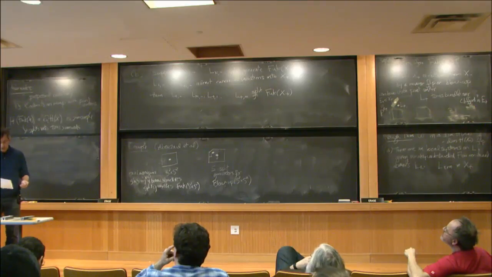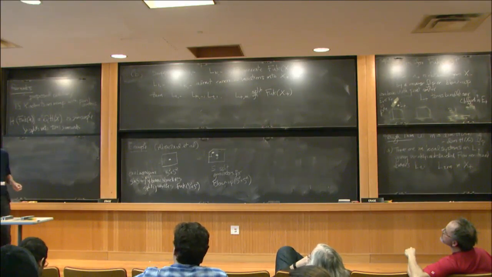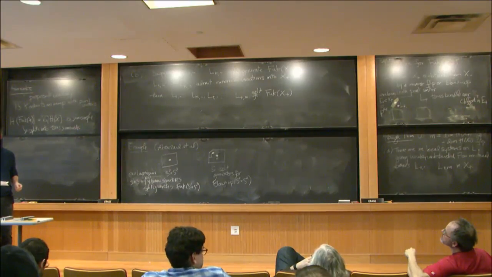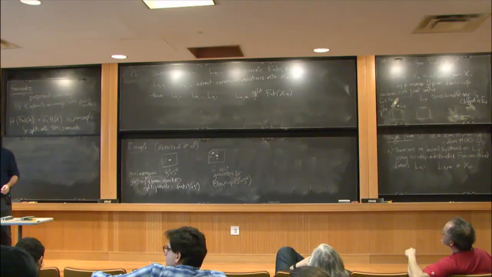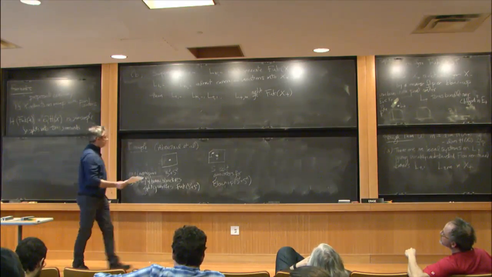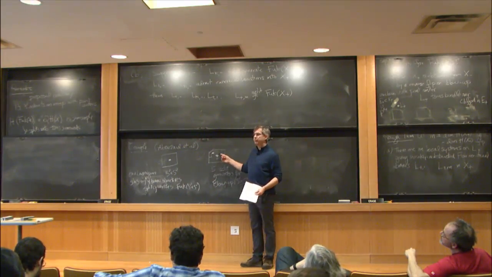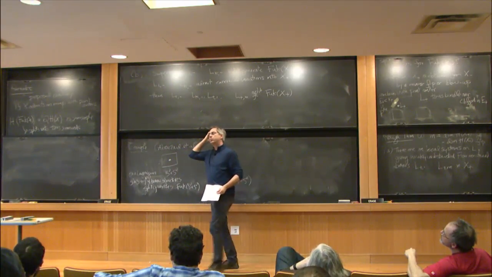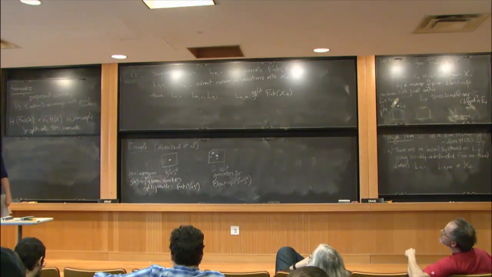Okay, any questions about the result? Yeah. Can you say something about what happens to the W superpotentials? Yeah, so the W will pick up some corrections from the exceptional locus, but it won't change to leading order.